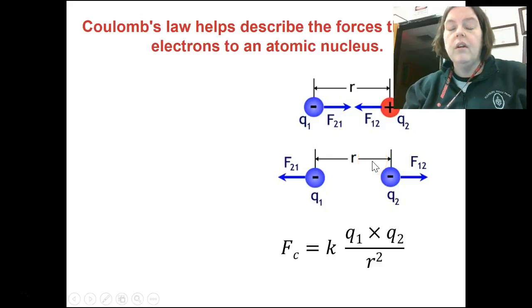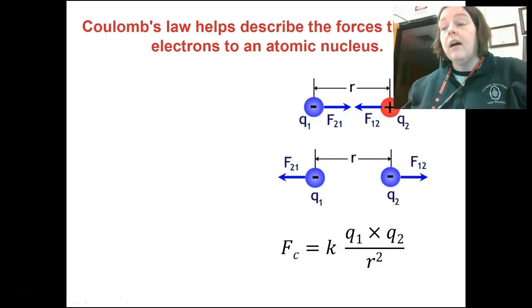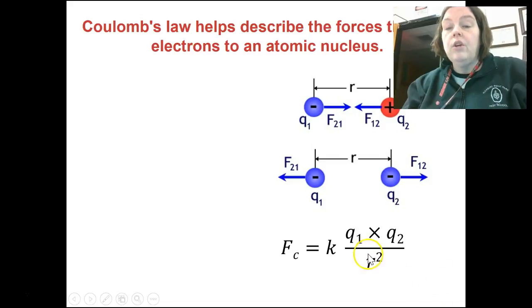But ultimately, force is just equal to K, some constant, and the constant is only there because of the substance, a media. So as long as you're in the same substance, it doesn't matter. Usually we're in air, so K is constant. Q1 and Q2 are basically the charges on either one of the particles, okay?